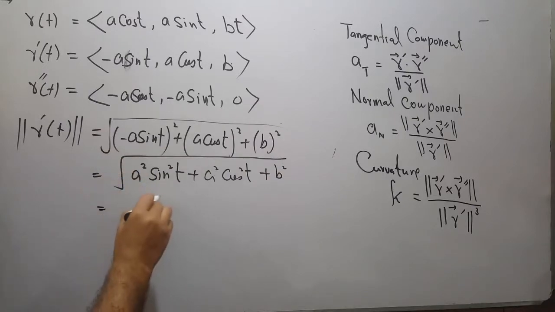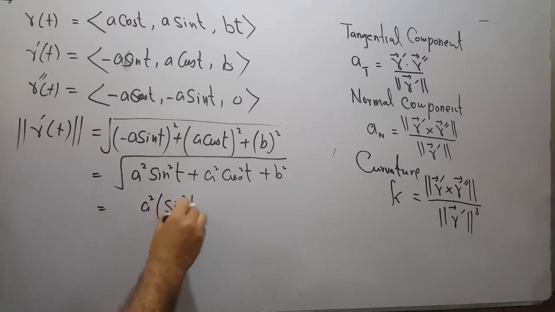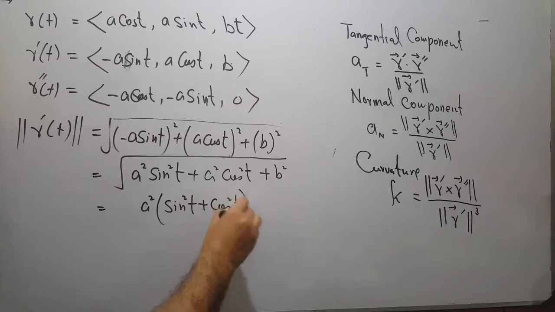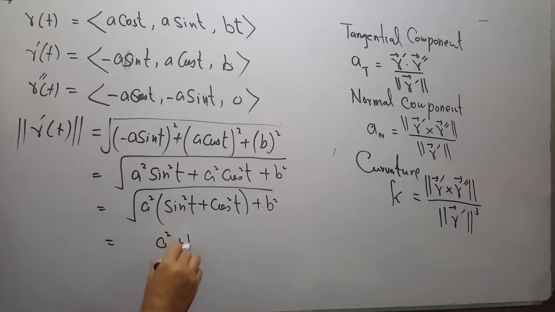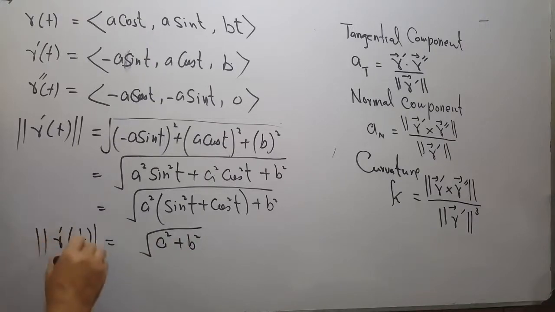If we take a square common, that is sine square t plus cos square t, plus b square, and we know sine square t plus cos square t is 1. So the magnitude of r prime is the square root of a square plus b square.